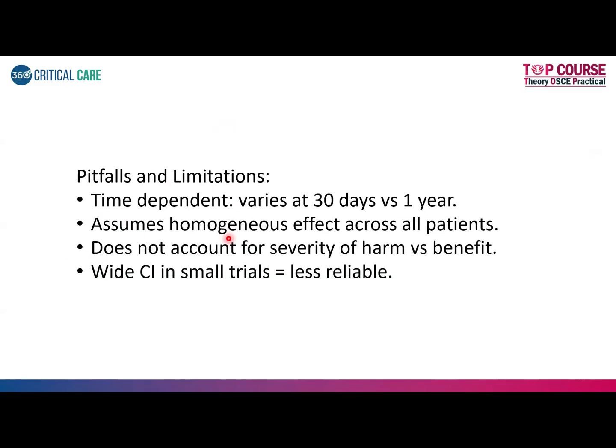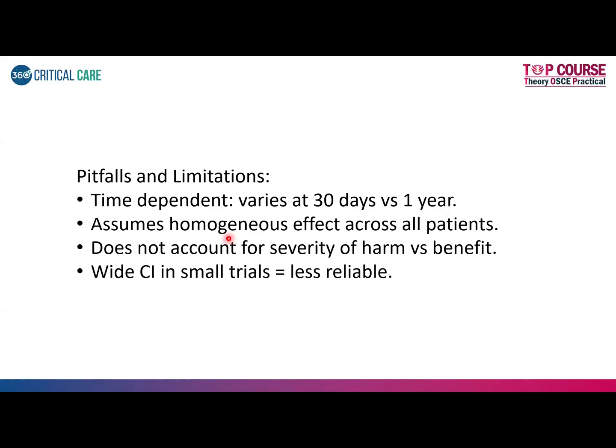The pitfalls are that they are time dependent. You do not know whether the adverse events or the protective benefit are over 30 days or 1 year. It cannot be homogeneous across all patients. It does not take into account the patient's risk factors, or the severity of benefit versus harm.